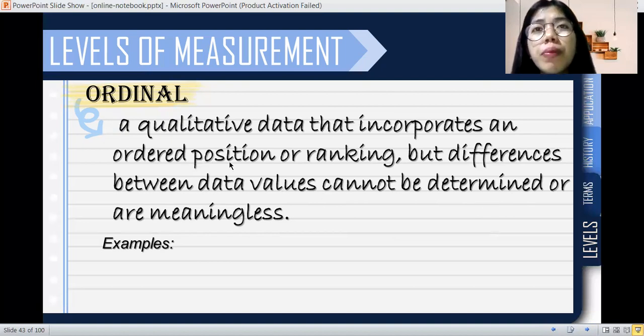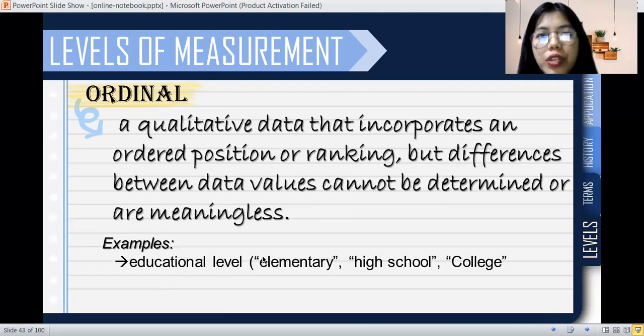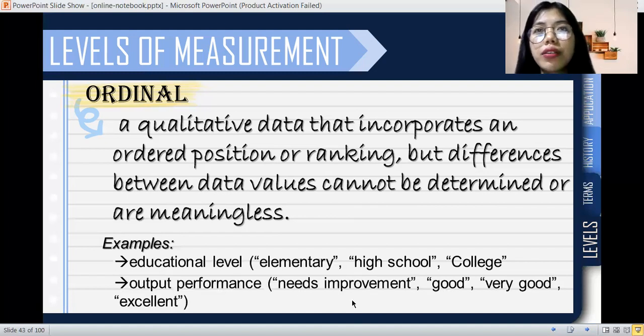So yung clue naman natin dito sa ordinal is meron siyang order or ranking. For example, yung educational level natin. Pwedeng yung mga sagot dito, elementary, high school, and college. And also, we have output performance, which, for example, needs improvement, good, very good, and excellent.